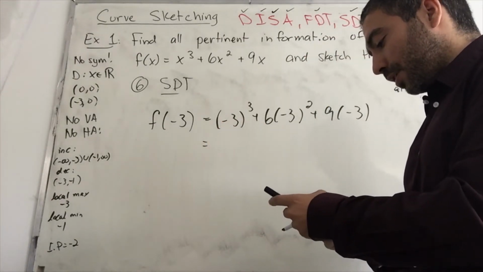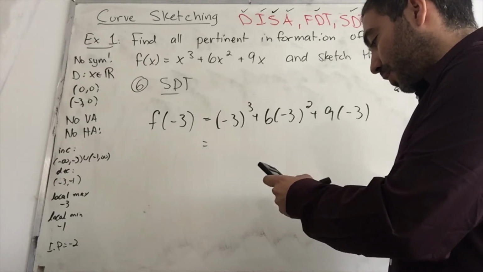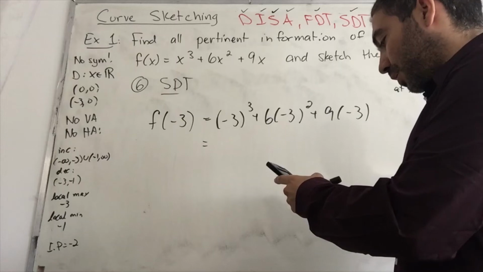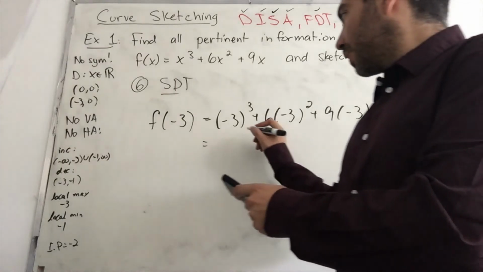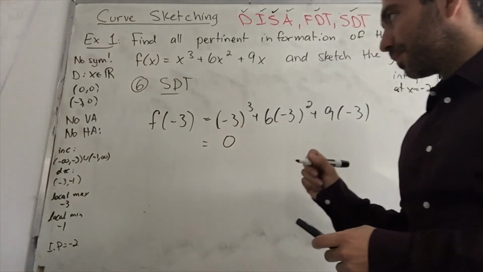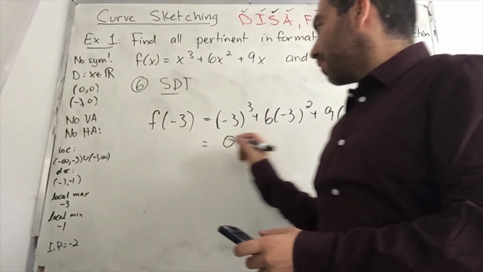Let's do it on the calculator. This gave me a value of 0. Okay, right, we knew that already. Negative 3 and 0 was here.